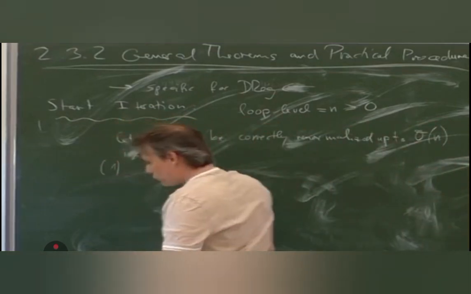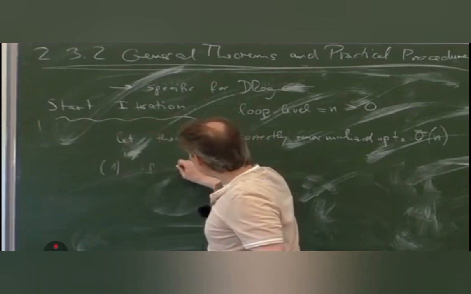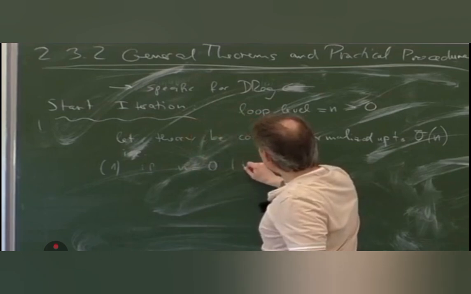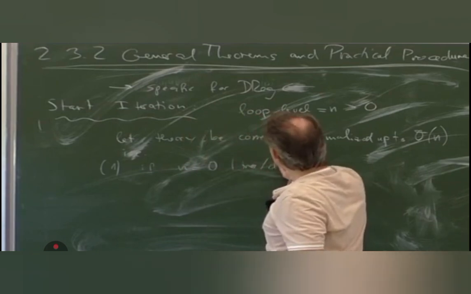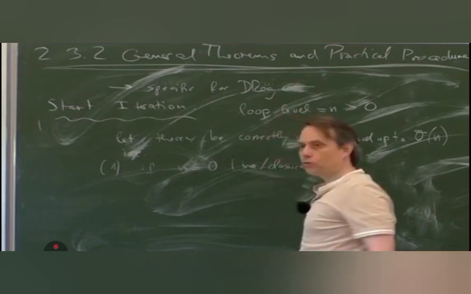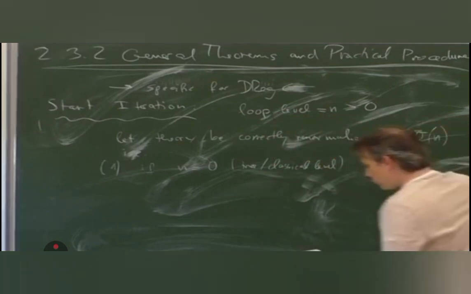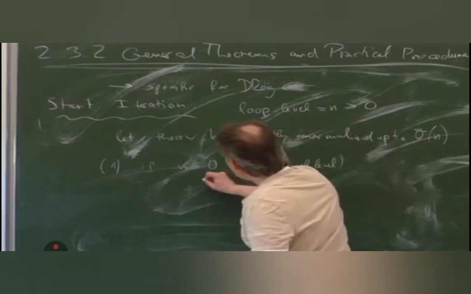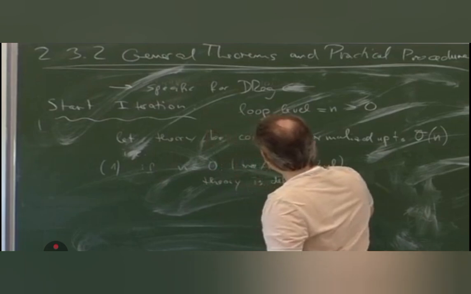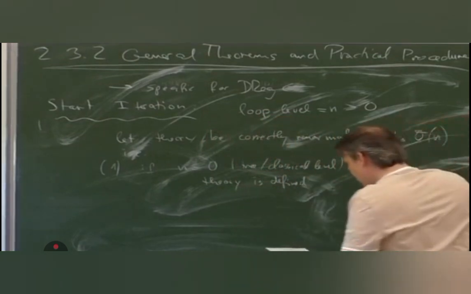First of all, if n equals 0, it means we are at tree level or at the classical level, because loop diagrams are proportional to h bar. So we are at a tree level. Then the theory is defined by the classical Lagrangian, which is the Lagrangian that you simply write down.